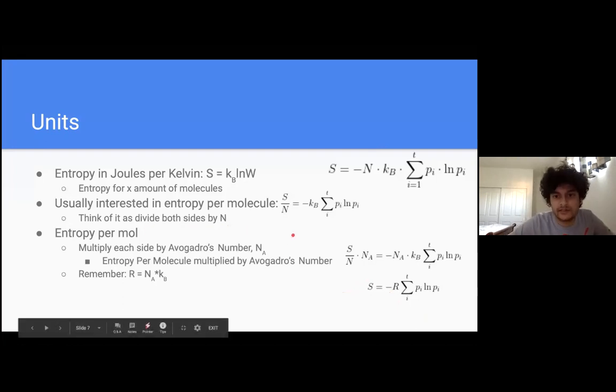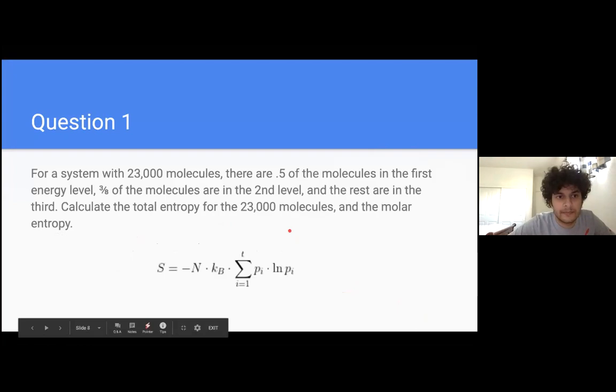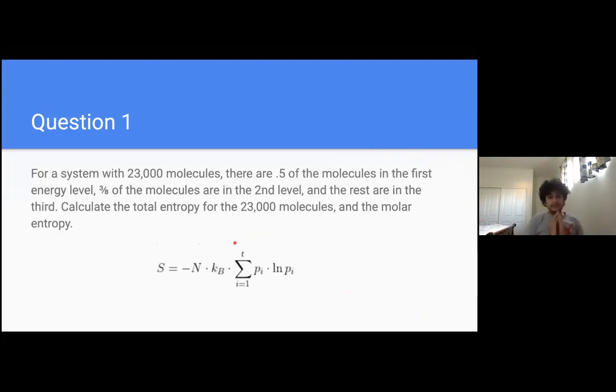Okay, so let's go to the problem. You have a system with 23,000 molecules. Half the molecules are in the first energy level, 3/8 of the molecules are in the second level, and the rest are in the third. Calculate the total entropy for the 23,000 molecules and also the molar entropy. I'll just leave this up for, let's say, a minute or two.